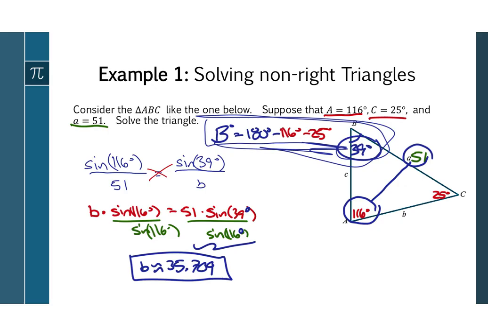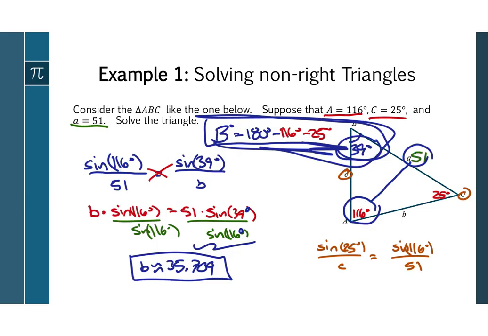Let's do it in a different color here. So little c, which is here, which is across from capital C. So we have the sine of capital C, which is 25 degrees, over the little c. And then we're going to use the same ratio of sine of 116 over the 51. We're going to keep using that. So this is how we're going to set up and start with everything.